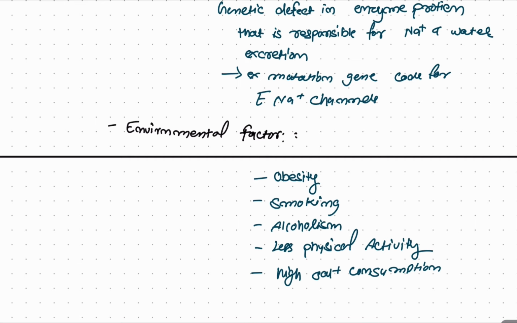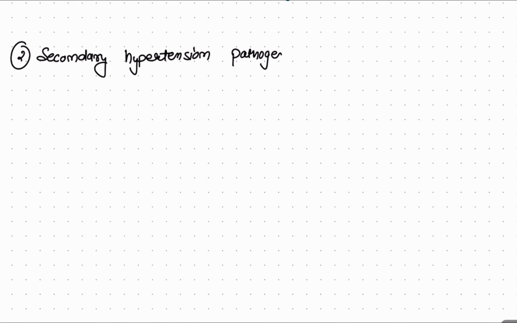pathogenesis, right? Renal pathogenesis: there is renal arterial stenosis, preeclampsia, glomerulonephritis, and polycystic kidney.